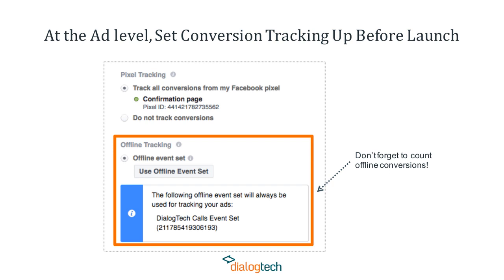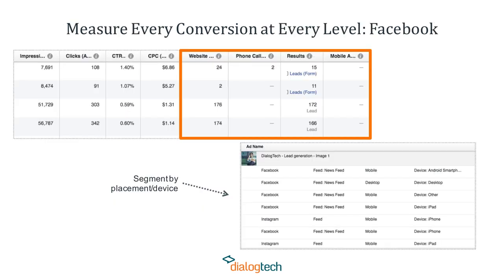But you can also use the offline tracking. I just want to make sure you know that you can feed your CRM data, your call data, and I think you can even do in-store visits into the offline tracking piece of Facebook. So that's really important. And then you want to make sure you're measuring every conversion at every level.